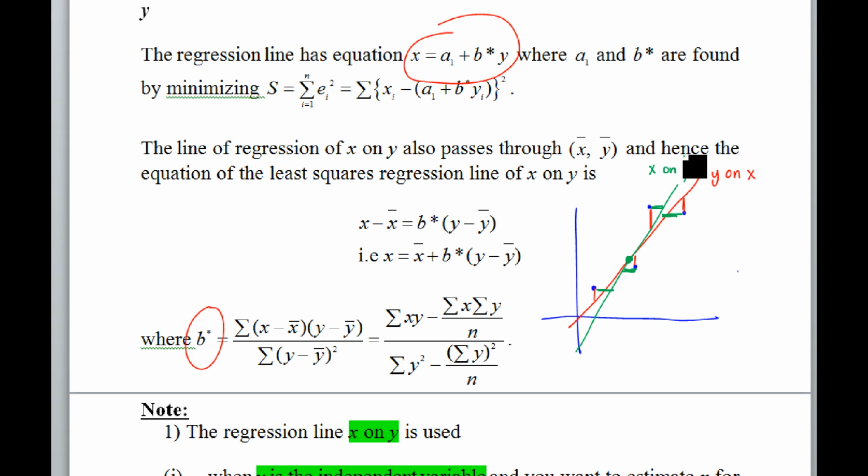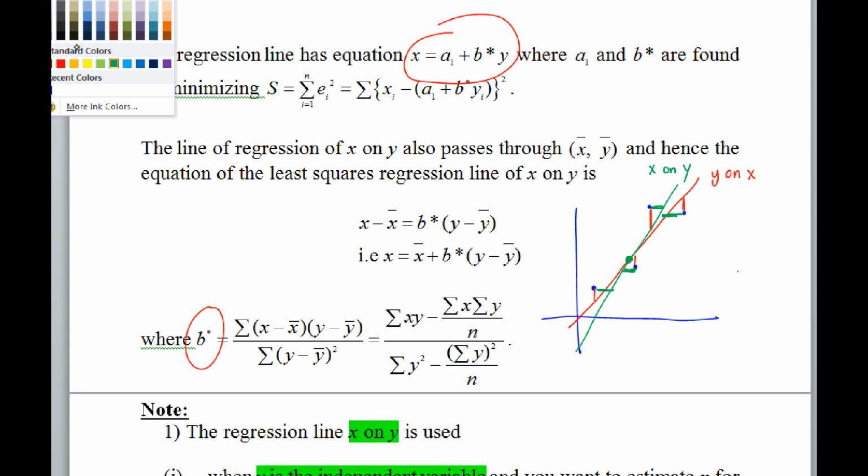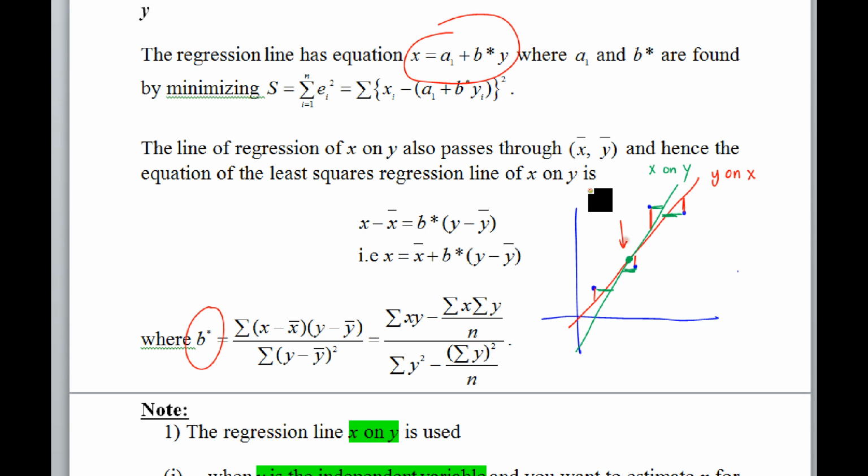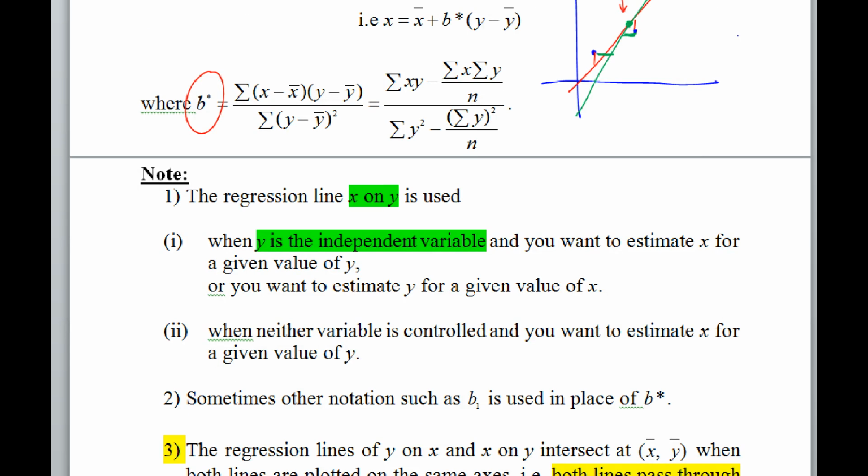Now, the most important point here is the two lines will pass through this special point called x bar, y bar. The two lines will pass through the point x bar, y bar. Now, when do you use x on y? You use x on y when, of course, y is the independent variable.